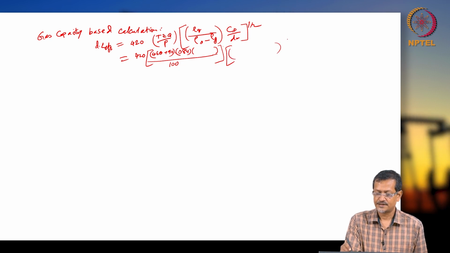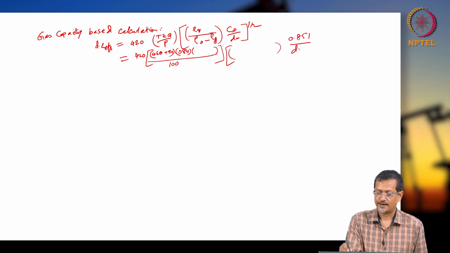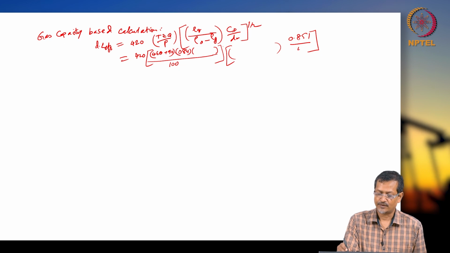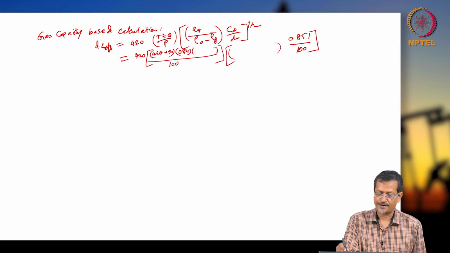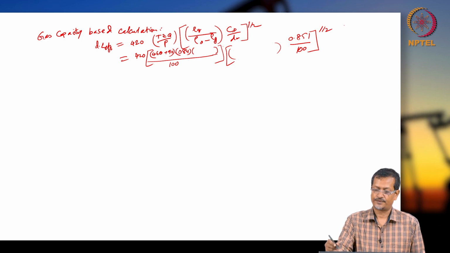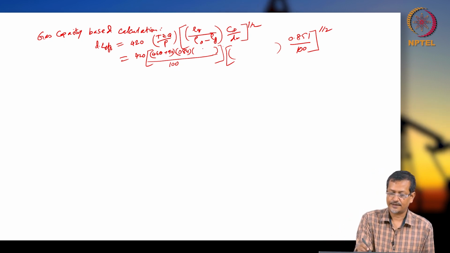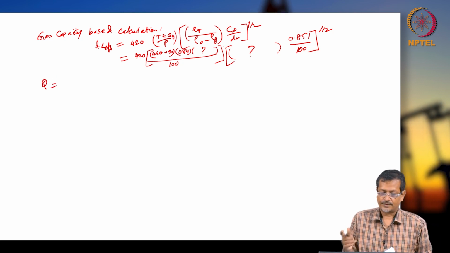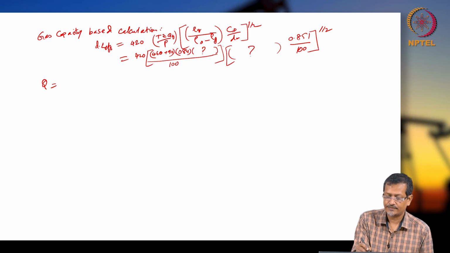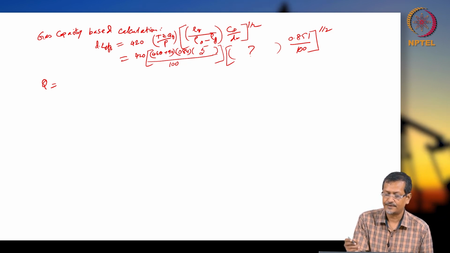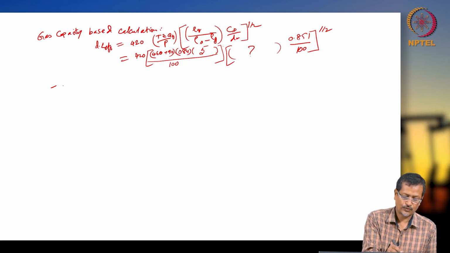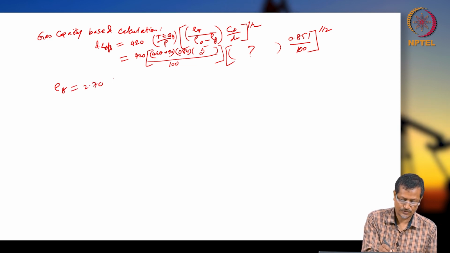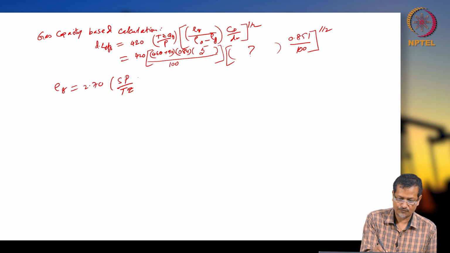CD value is given as 0.851, and dm is given as 100, power half. Q is given as 5 mmSCF, so I'll put 5. Now rho G and rho L. The rho G formula is rho G equals 2.7 SP divided by TZ, a formula we have seen before.